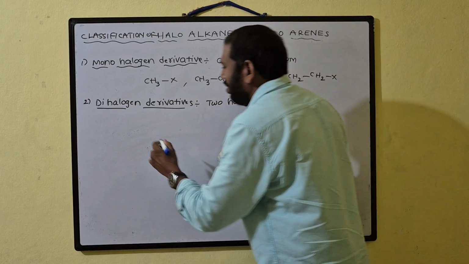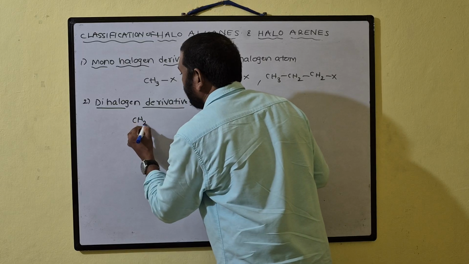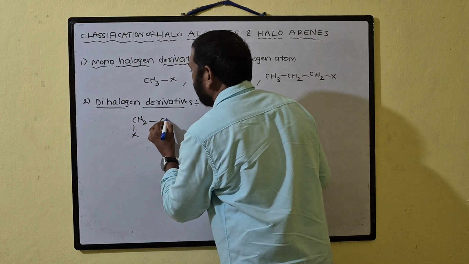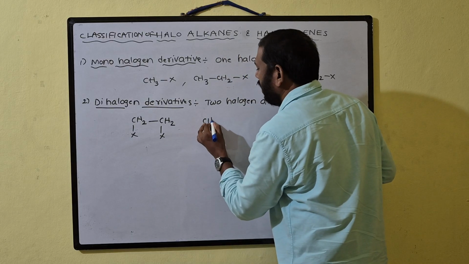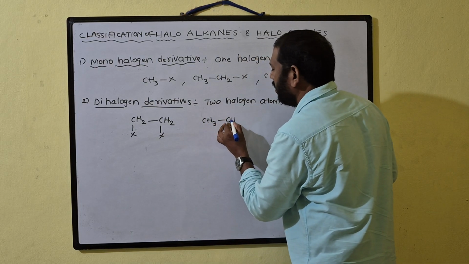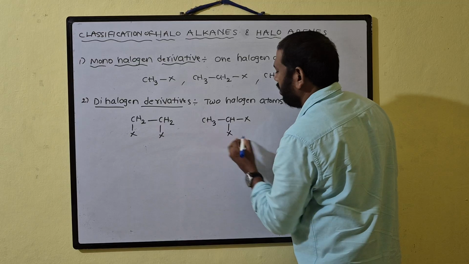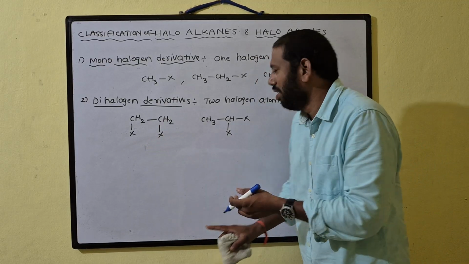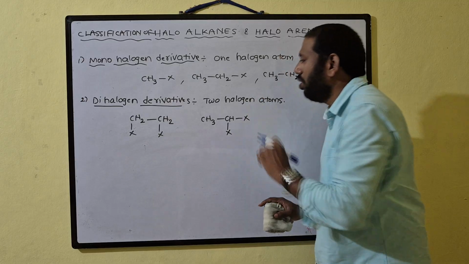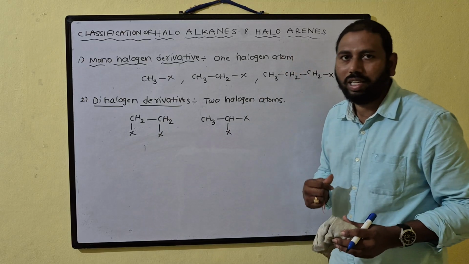For example, CH2X CH2X, CH3CHXX. This compound contains two halogen atoms, and this compound also contains two halogen atoms. These are examples of dihalogen derivatives.